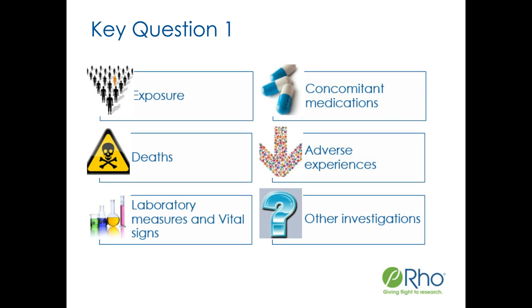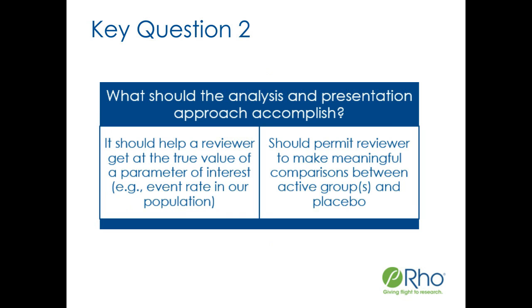Once you've prioritized the measures and you have them in place, we can start moving to question 2. So really, this question is, once you know what you're going to look at, you need to define how to present the key safety messages and overall profile.